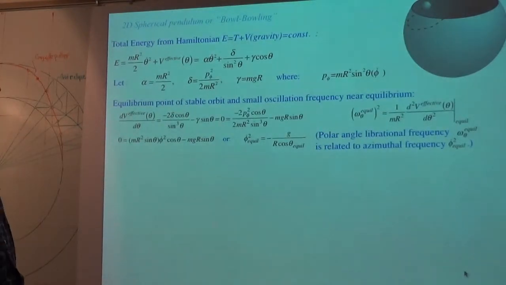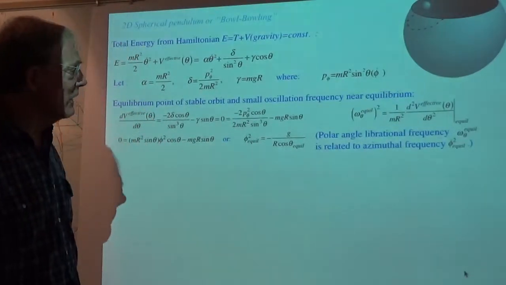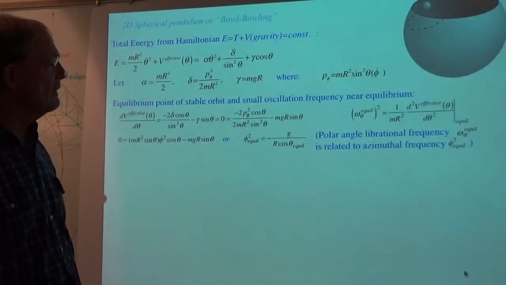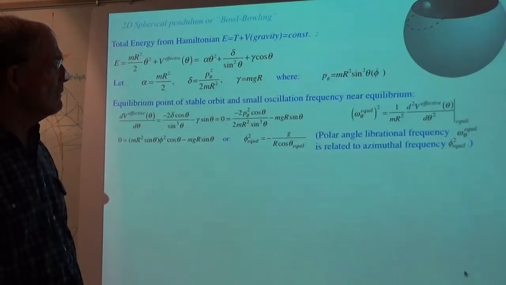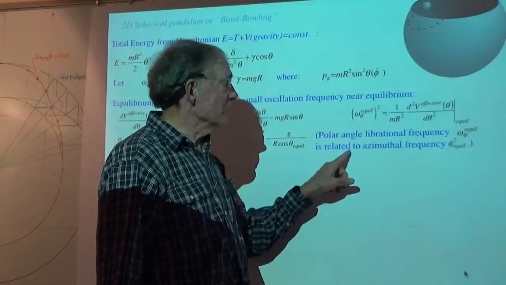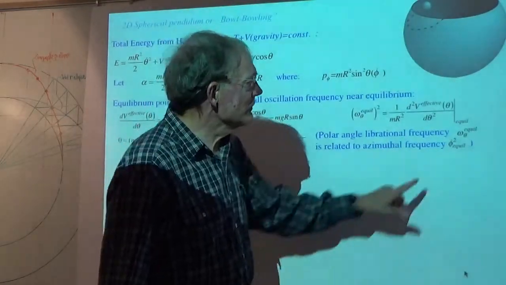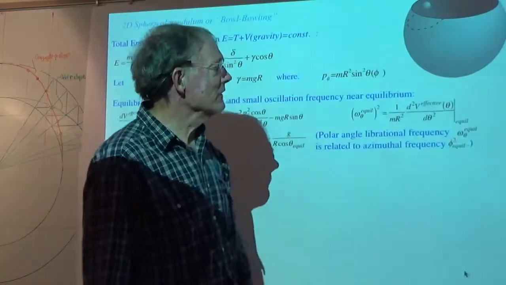Whatever that equilibrium value is, we're going to make use of that. Now, let's see if there's anything I've left out here. Polar libration frequency is what we're after. It's going to be related to the azimuthal frequency here. Now I just have a square on that thing right there. I have to get rid of that.